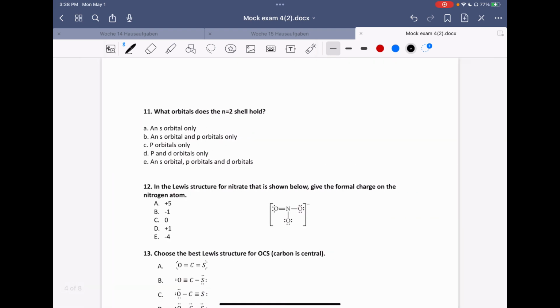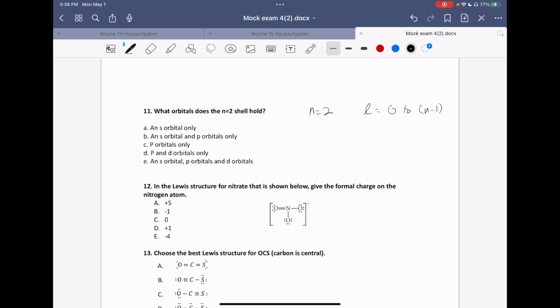What orbitals does the n equals 2 shell have? This one's kind of just memorization, and also has to do with the quantum numbers. So if n is equal to 2, for l, the quantum number for what types of orbitals you can have, is going to be 0 to n minus 1.